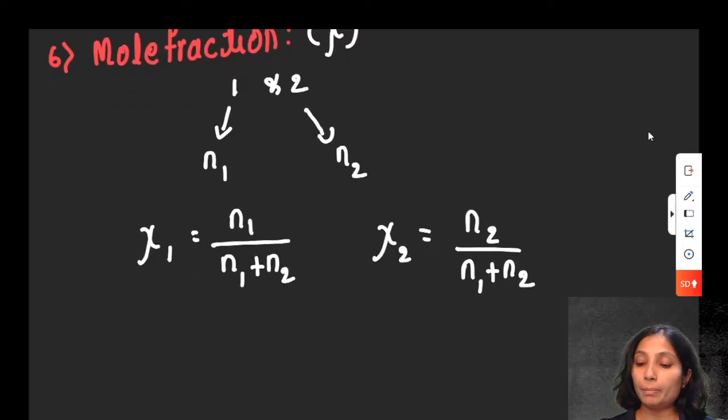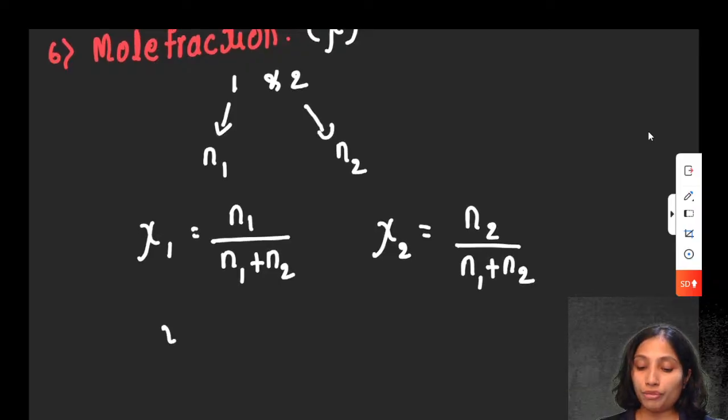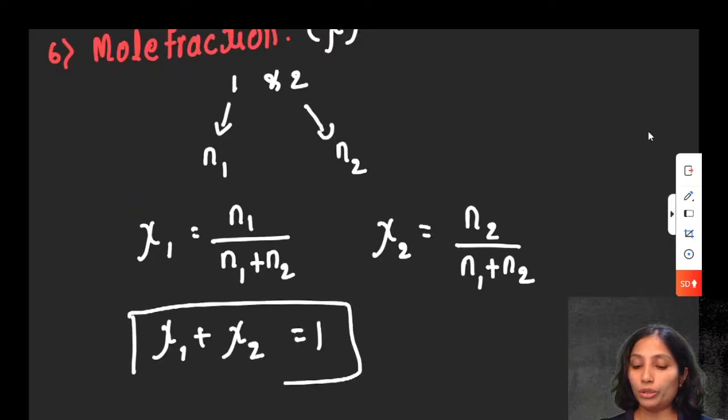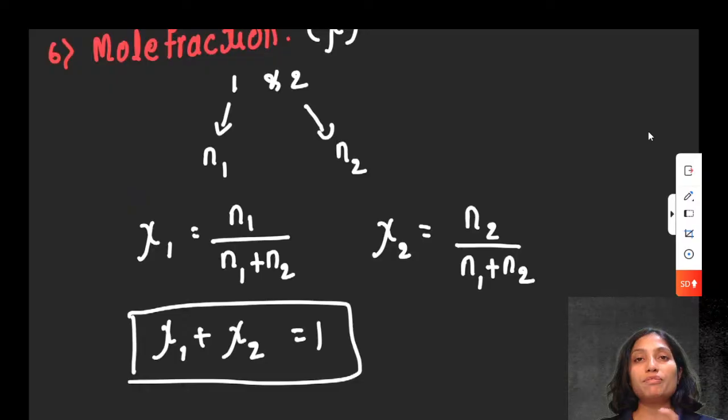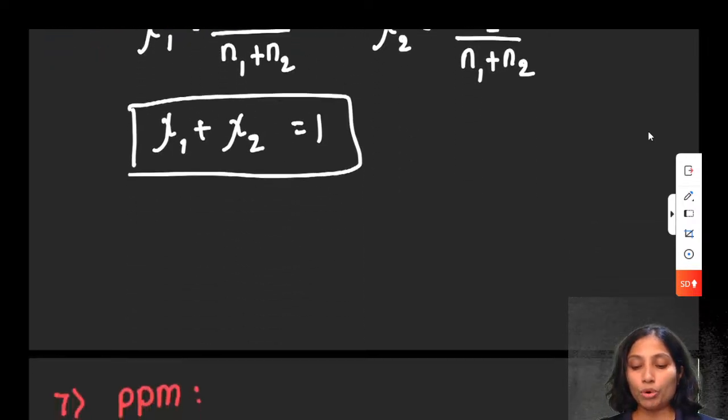And always remember, the sum of mole fractions of all the components will be equal to 1. Here we have only two components, so the sum of the mole fractions of the two components will be equal to 1. And if there are three components, the sum of the mole fractions of all three components will be equal to 1. So this is mole fraction.